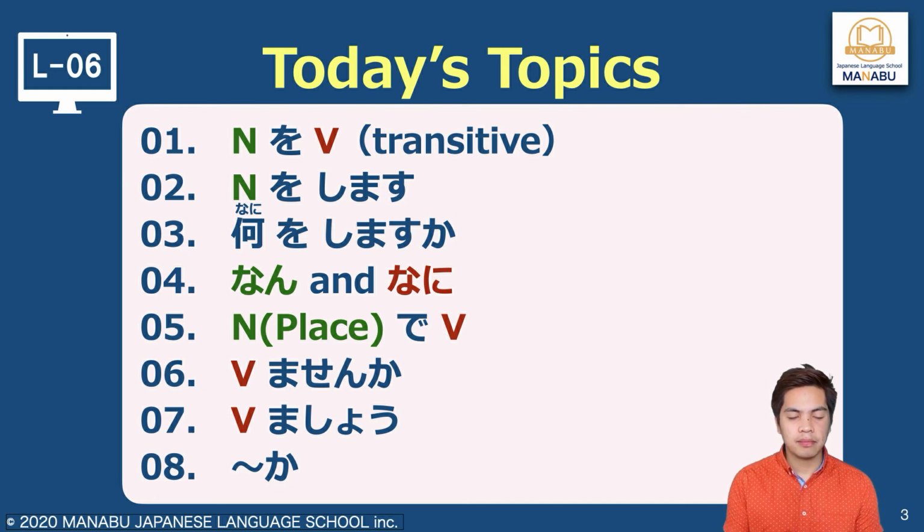The place of action or the place of occurrence of the verb is marked with the particle de. The verb masen ka is used to invite someone, and verb mashou is also used to invite someone, and it can also be used to answer an invitation. Verb mashou. And last is the particle ka.